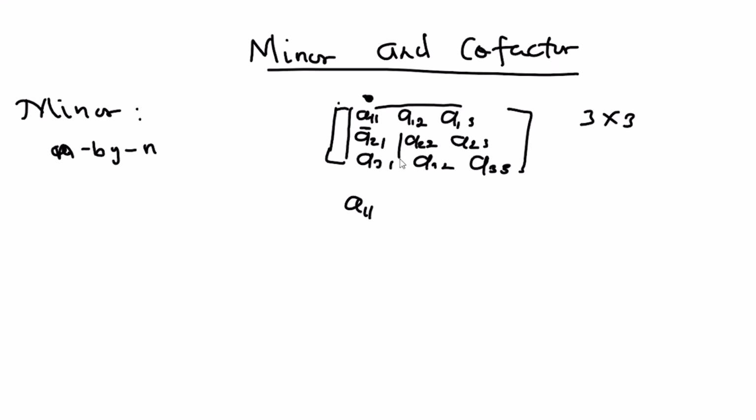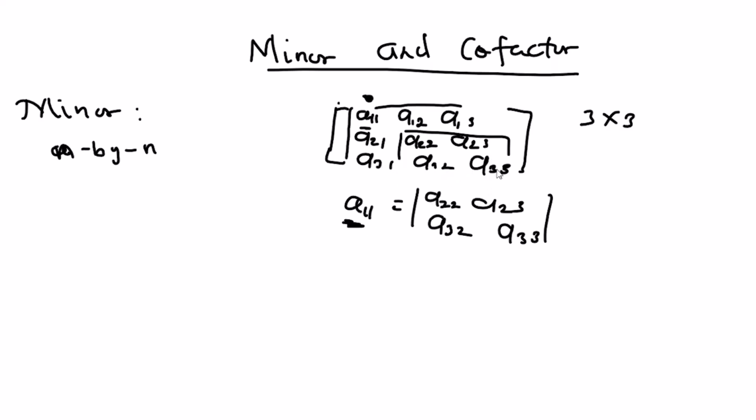Then what is left here is A22, A23, A32, and A33. Yes. So the determinant computed from this becomes the minor of this particular entry, and it can be done for any other entry.